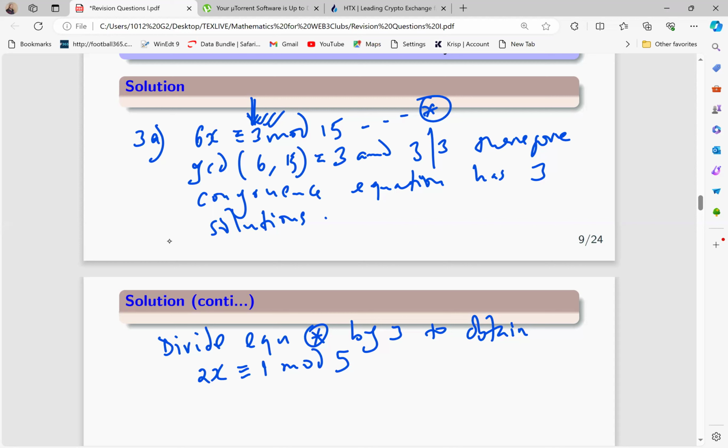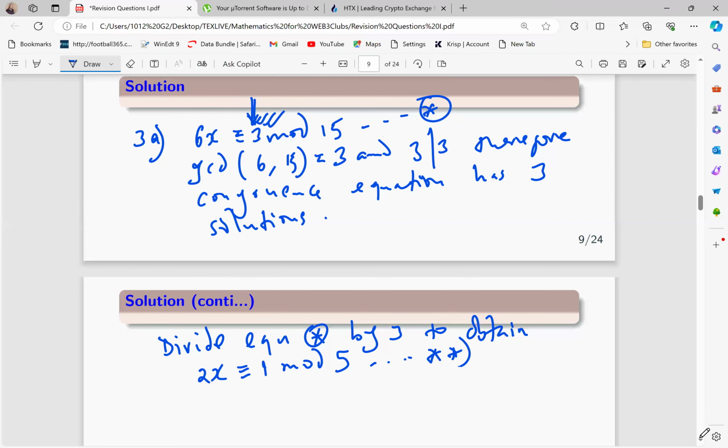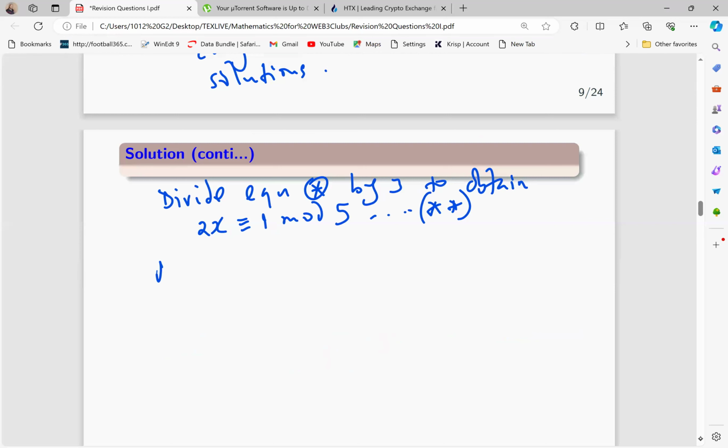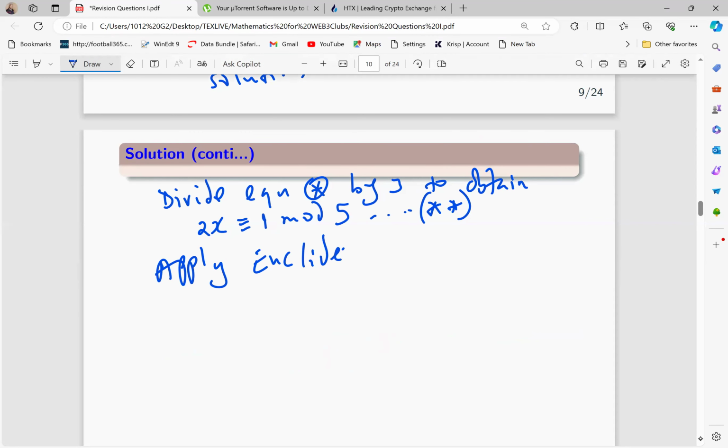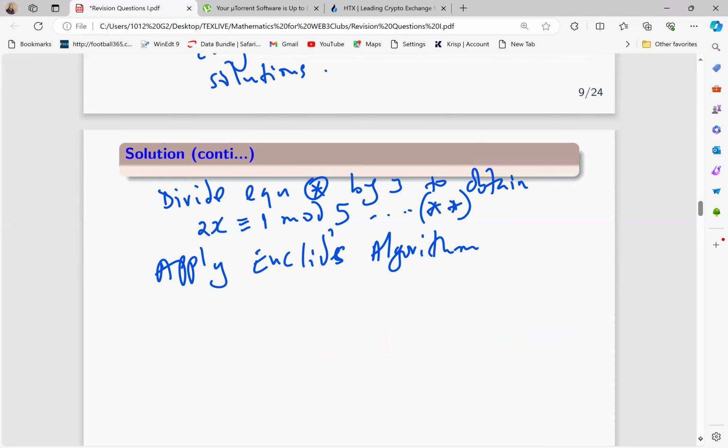And let's use the Euclid's algorithm and the extended Euclid's algorithm. So I want to use equation double star and apply the Euclid's algorithm on double star. You see, the Euclid's algorithm is the algorithm that gives us the GCD.